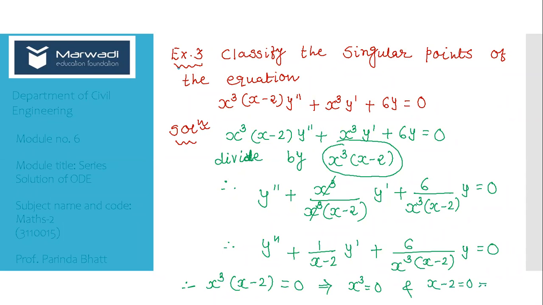Therefore, we are getting 2 points, x equal to 0 and x equal to 2. These 2 points are the singular points where the function is not analytic, or in other words, for these points the p of x and q of x value is infinity.